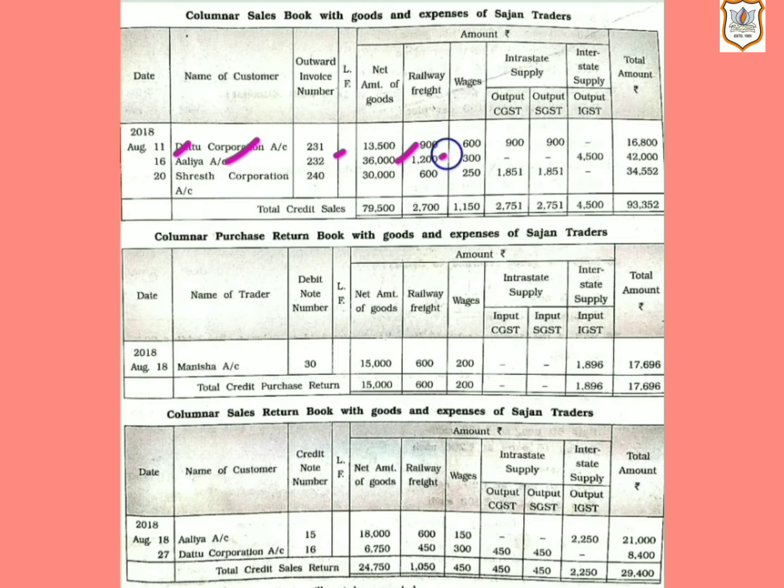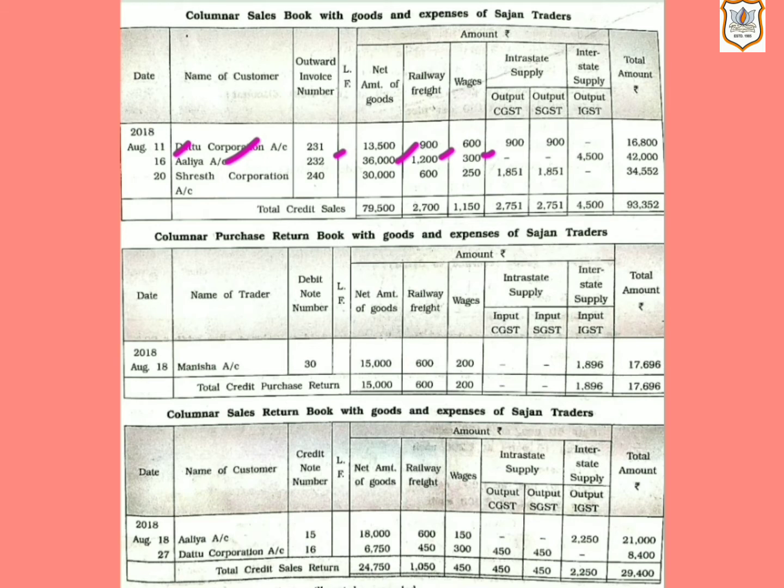Then railway freight 1,200, wages 300, and here output IGST will be applicable as this is the case of interstate supply. That means supply between two different states, that is between Gujarat and Maharashtra. So as per 12% GST rate, output IGST will be calculated on the net amount of goods plus expenses.